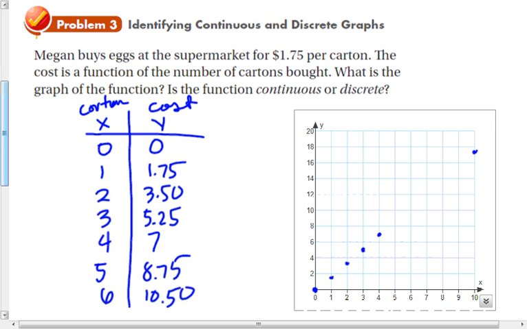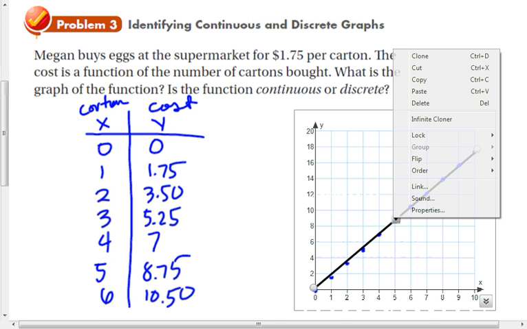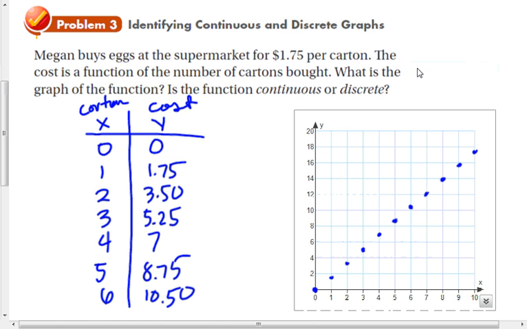That would be about right here. And I know that it's going to be a linear function, so I'm just going to draw that, and that'll help me draw the rest of these. But I'm going to remove this line because we can only buy whole numbers of egg cartons. We can't buy in between, so this is a discrete situation. All right, you try that.